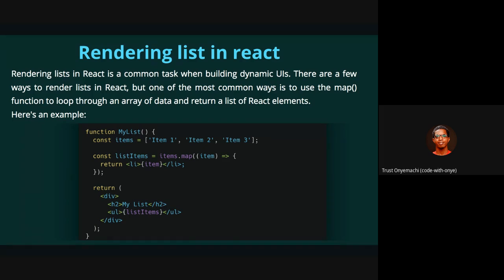So let's go straight to the example here. I know some of you will be familiar with this syntax here because Camila has talked to you about how this syntax works and how you can do some stuff with it. So this is actually a function in React.js, or you can say in JavaScript, called MyList. And I have an array here that's passing items, like 3 items.